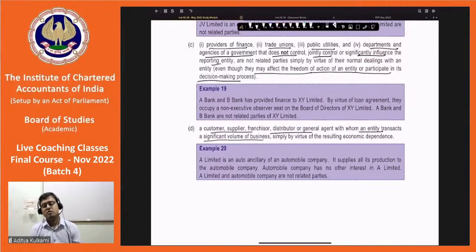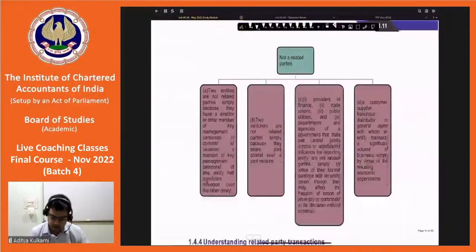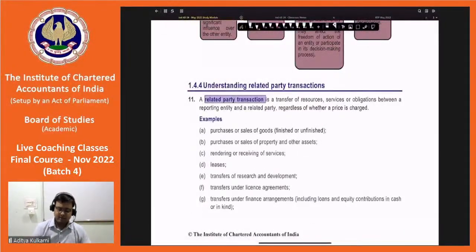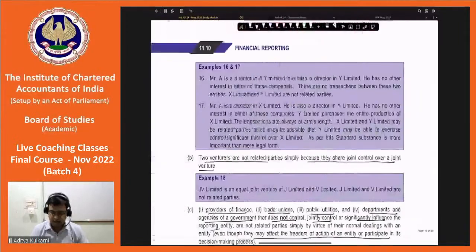Okay. So that would be a wrong interpretation. So those with whom you have major dealings, customers, distributors, suppliers, etc., cannot be treated as related parties. Trade unions, etc., you cannot take as related parties.